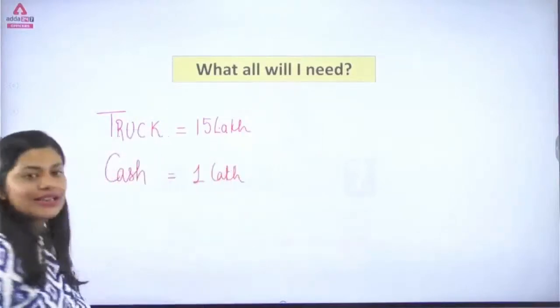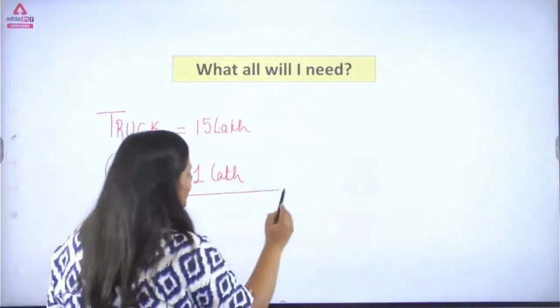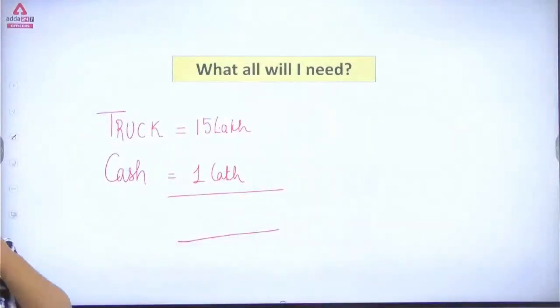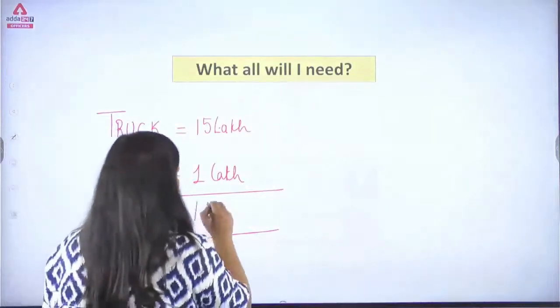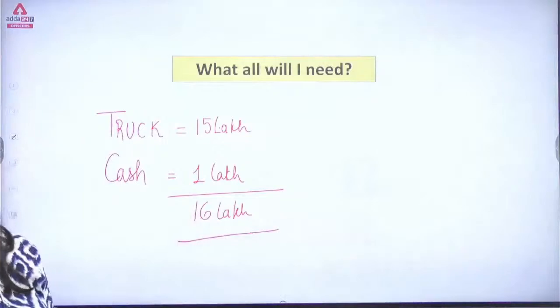So in order to start the truck business, the minimum amount that I need to invest is how much? 16 lakh. So I'll put in 16 lakh. And who am I in this business?